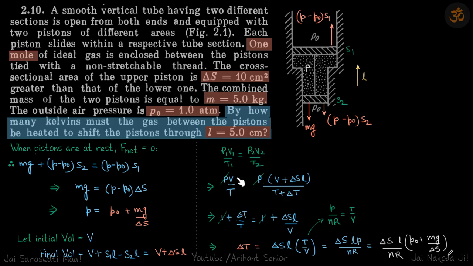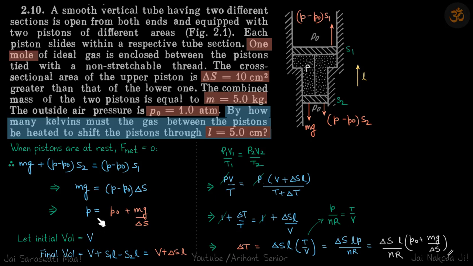So if we take T plus delta T here and V here, and cross multiply, we get 1 plus delta T by T is equal to 1 plus delta S L by V. So 1 will get cancelled out and we get delta T is equal to delta S L into T by V. We don't know T, we don't know V, but we know the ratio of T by V, that is P by NR.